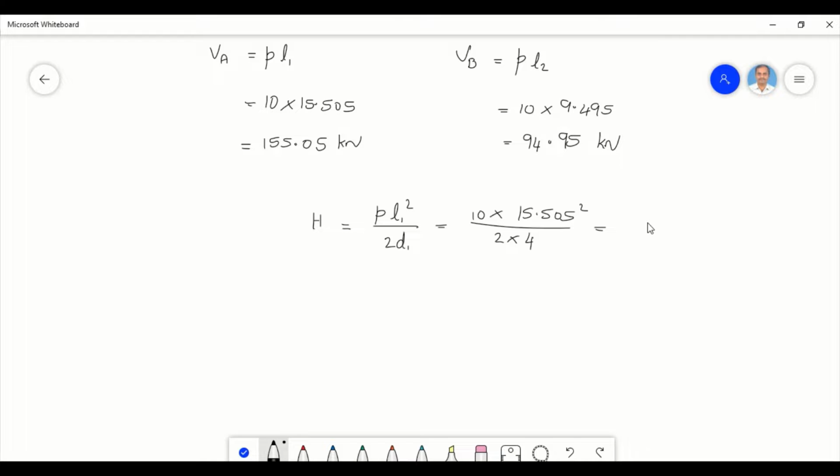So for this, you will get the value of H as 300.51 kilonewtons. Similarly, you can also find H using the other span. It can be written as PL2 square divided by 2D2. When you substitute the values, L2 is 9.495 and the value of D2 is 1.5 meters. When you substitute these values, for this also you will get the same H.